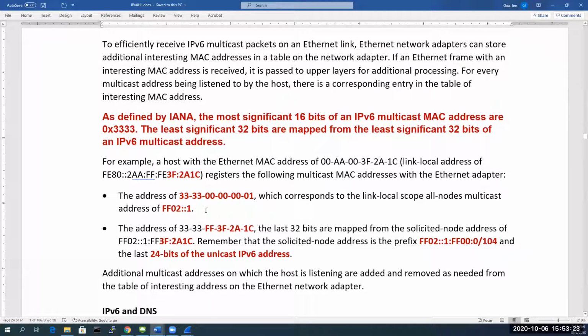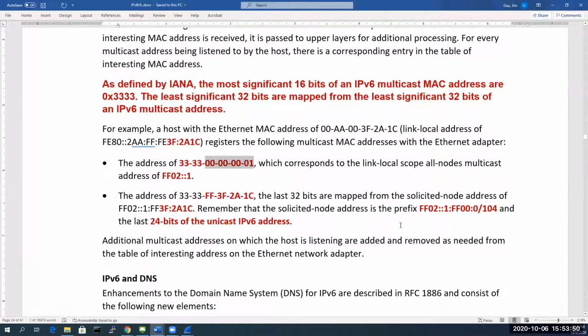And of course, you can see that if we use the FF02 for all nodes, like a router solicitation in there, then you're going to copy the rest of the 32-bit here, and it will be something like this.